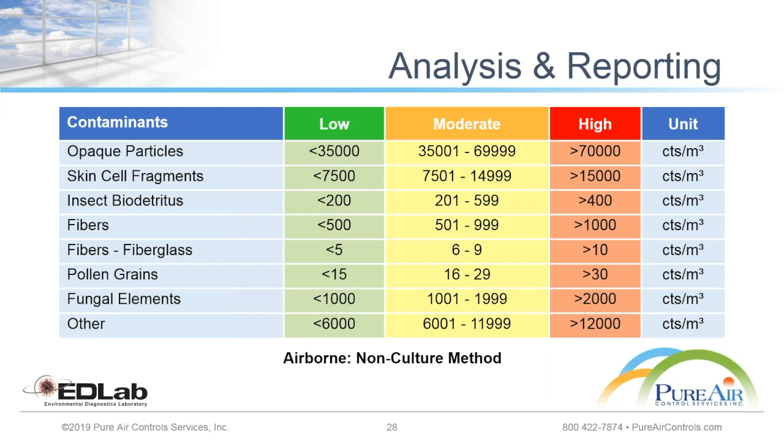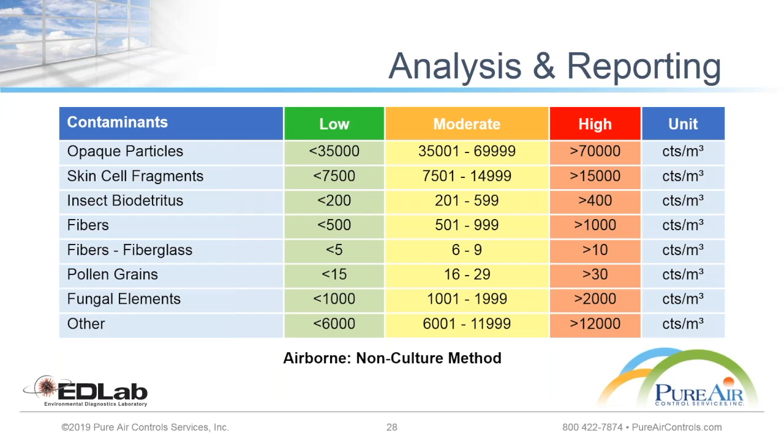Fiber should be less than 500, and fiberglass fiber should be less than 5, because fiberglass fiber itself is an irritant category, so that is not compiled with the fiber.